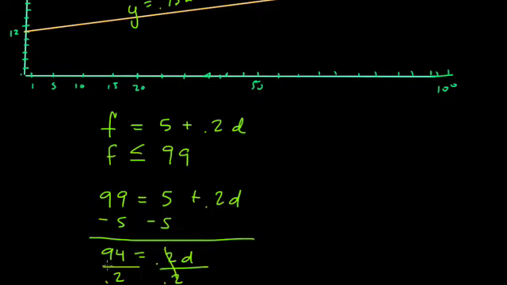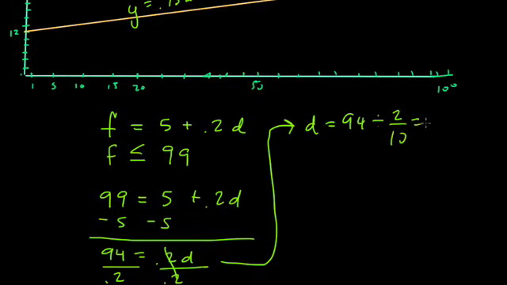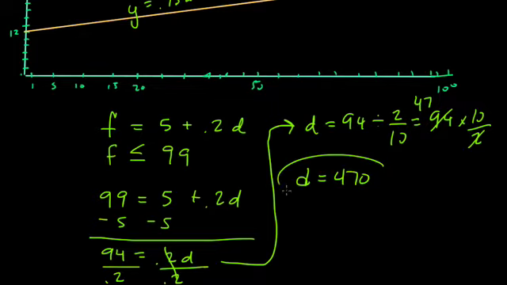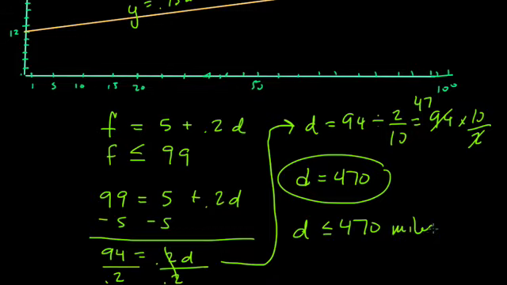Since 0.2 is 2/10, D is equal to 94 divided by 2/10, which equals 94 times 10 over 2. To quicken this up, it's 47 times 10, so D equals 470 miles. That is when it equals $99. So D could be anything less than or equal to 470 miles.